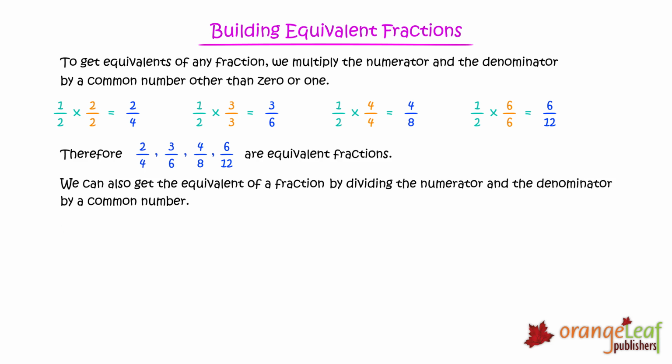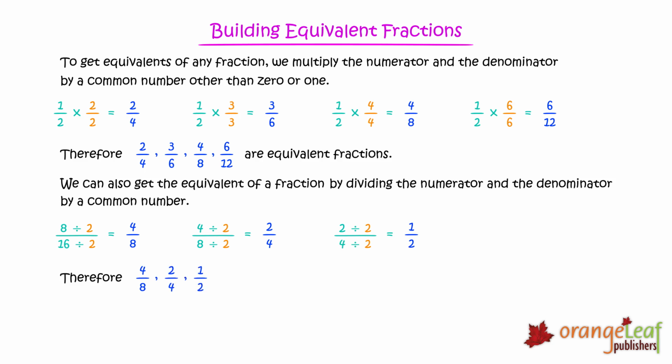For example, 8 divided by 2 by 16 divided by 2 is equal to 4 by 8. 4 divided by 2 by 8 divided by 2 is equal to 2 by 4. 2 divided by 2 by 4 divided by 2 is equal to 1 by 2. Therefore, 4 by 8, 2 by 4 and 1 by 2 are equivalent fractions.